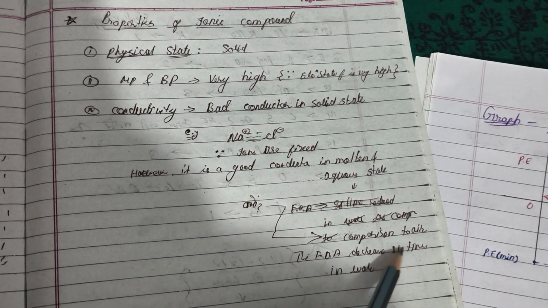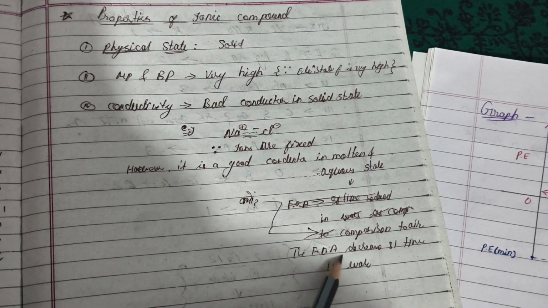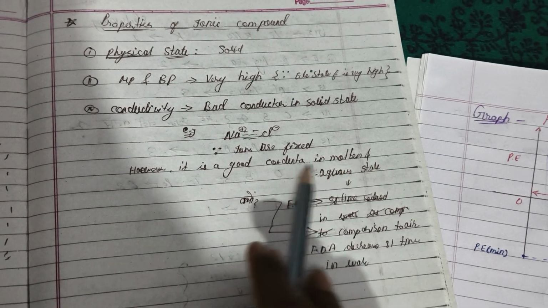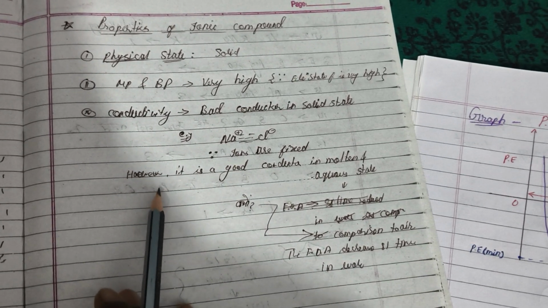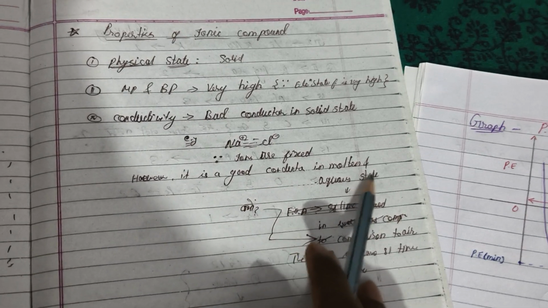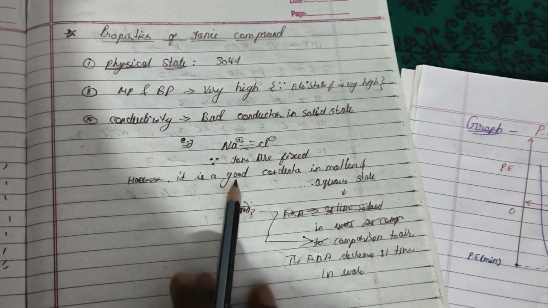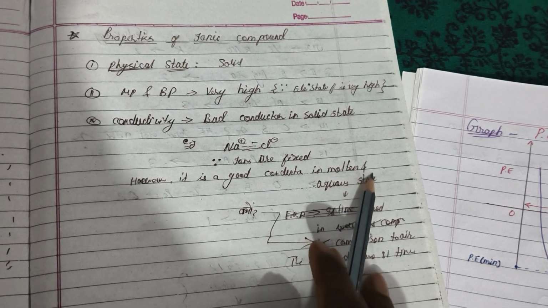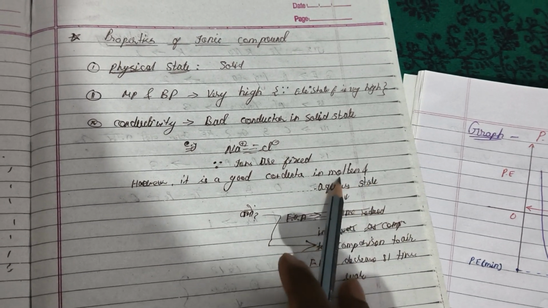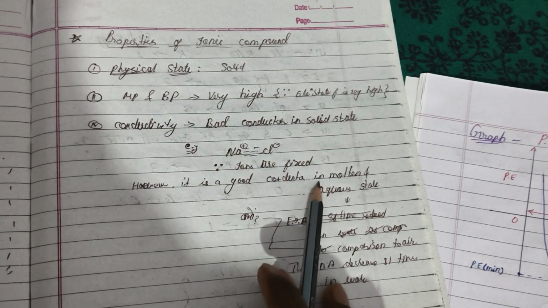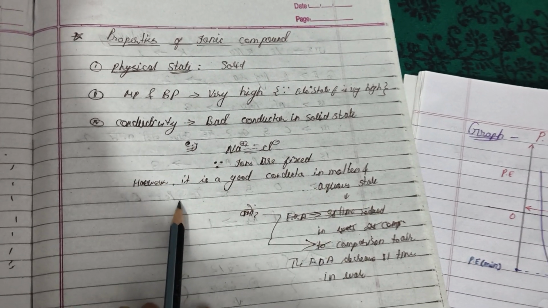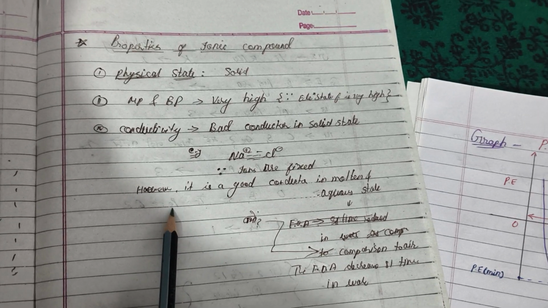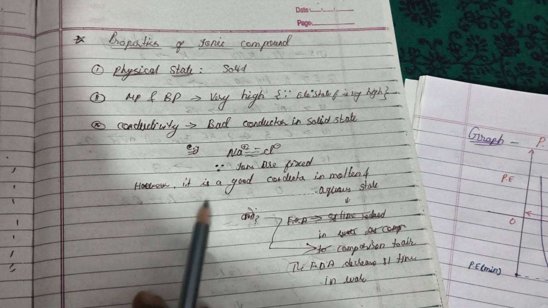Because in water the force of attraction decreases 81 times, and in the molten state, electricity is all about the flow of charge. In molten form they become separated into anions and cations, and that is what is needed for the flow of electricity.